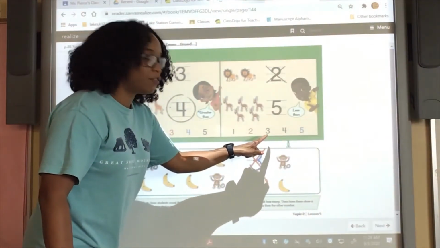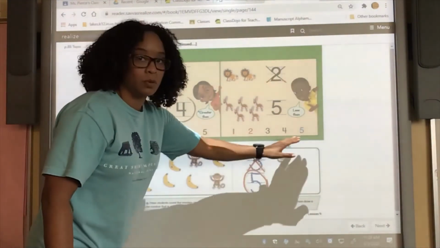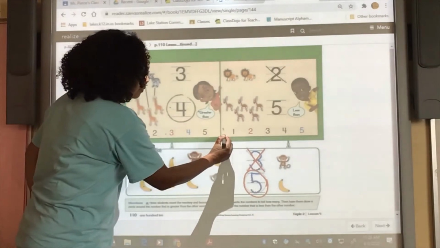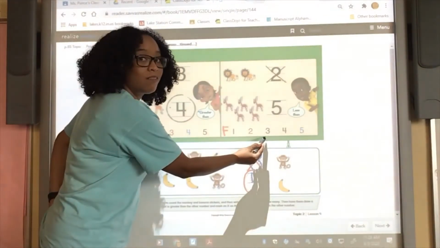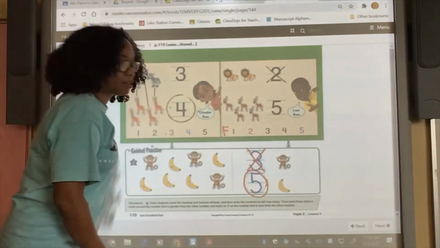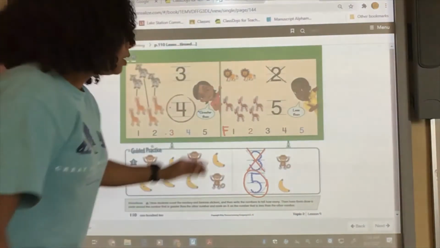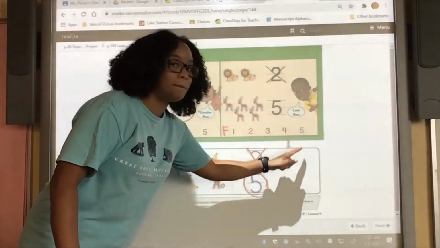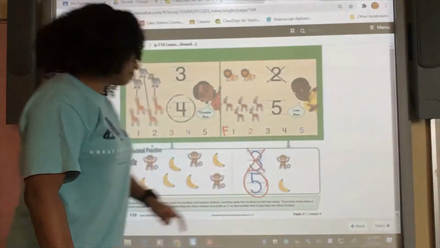It comes before or in front of, as if the numbers were in line, and this was the front. I'm going to put a letter F for the front. 3 is in front of the number 5. So 3 is the smaller number, it's less than. The more we count, the bigger the numbers get, the greater the numbers get.